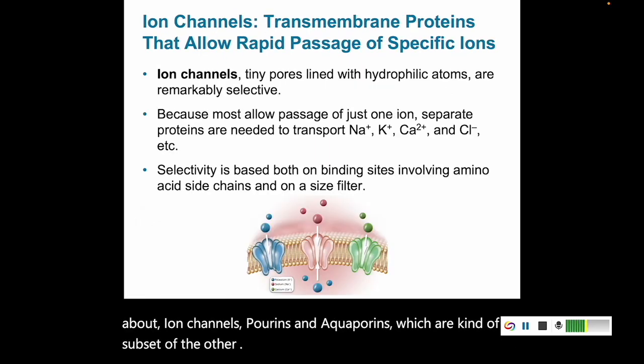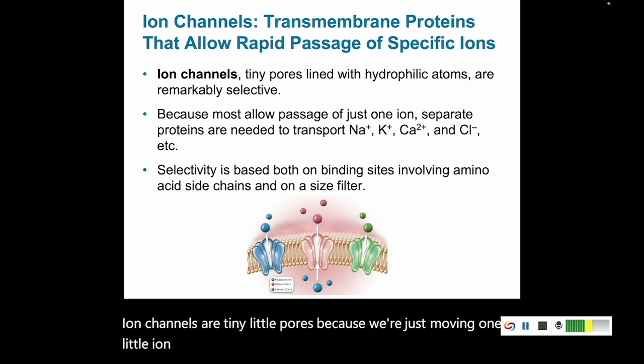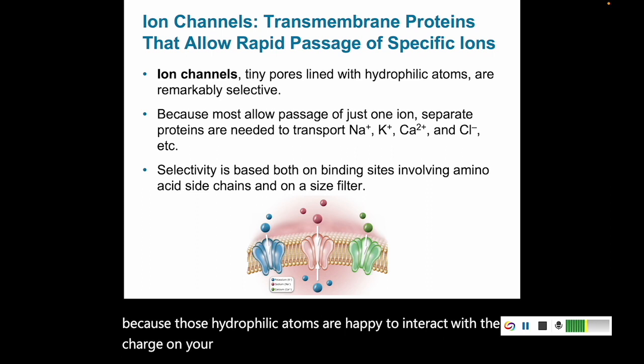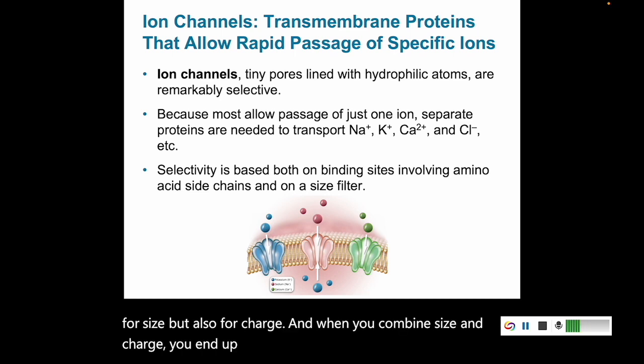Ion channels are tiny little pores because we're just moving one little ion through. And they're usually lined with hydrophilic atoms because those hydrophilic atoms are happy to interact with the charge on your ions. They're usually pretty selective, not just for size, but also for charge. And when you combine size and charge, you end up with a pretty narrow group of ions that can go through.